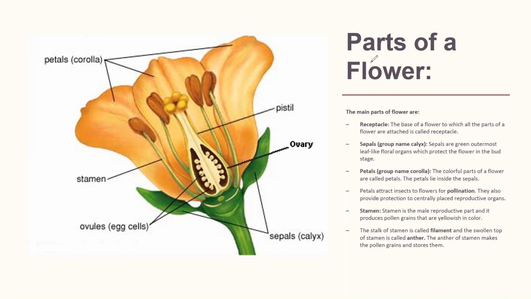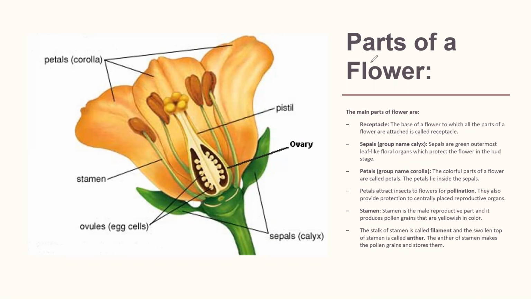The function of it is to protect the flower in bud stage. Then comes the petal, which is the colorful part of the flower, corolla in group. The petals lie inside the sepals. Function of petals is to attract insects for pollination. They also provide protection to the centrally placed reproductive organs of the flower.